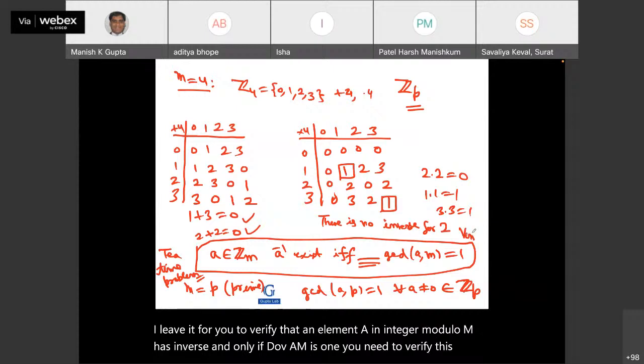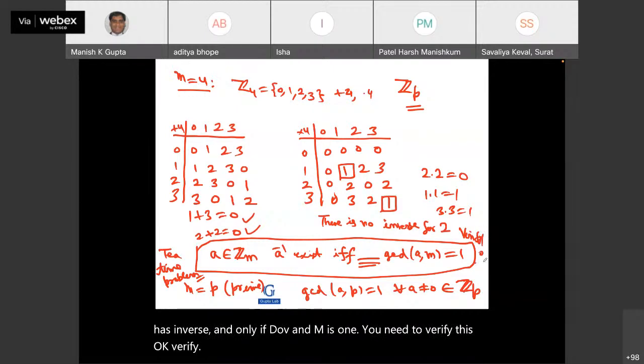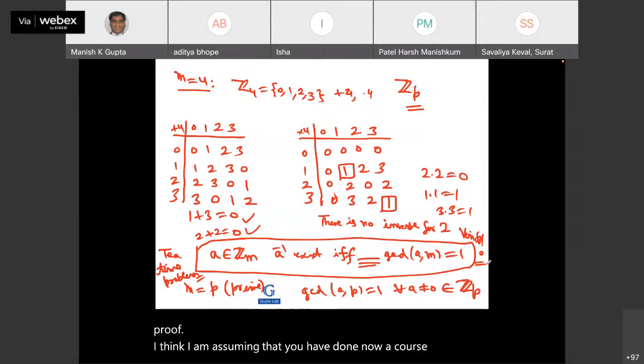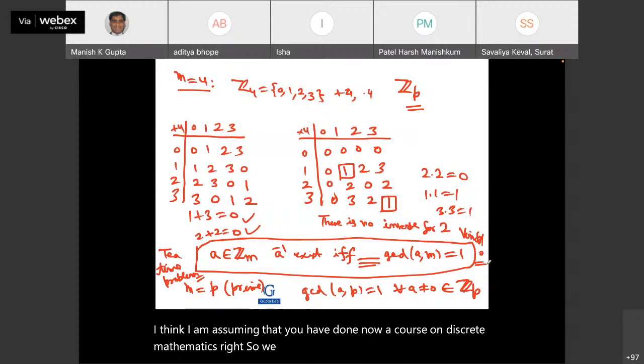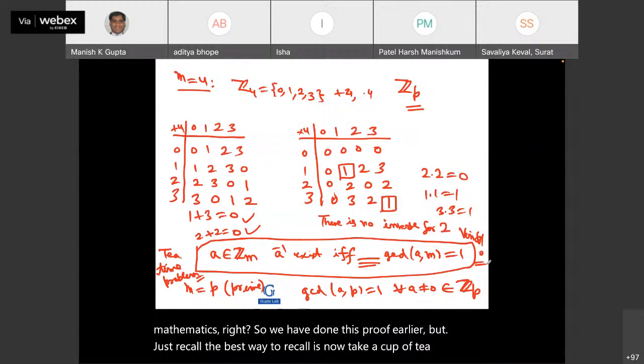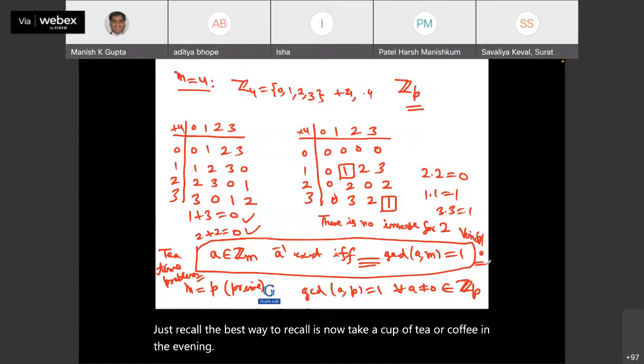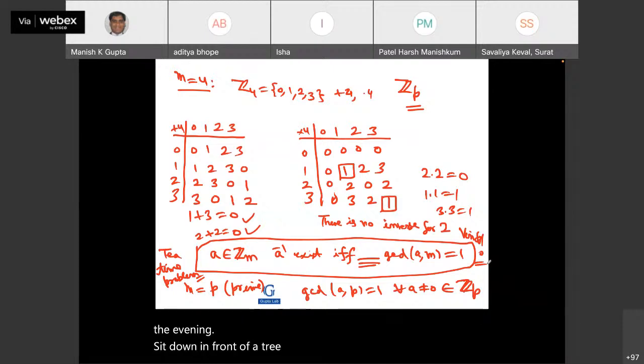How will you verify? I mean, prove it. Try to see if you can find a proof. I am assuming that you have now done a course on discrete mathematics. You know we have done this proof earlier, but just recall. The best way to recall is to take a cup of tea or coffee in the evening, sit down in front of a tree or something, and try to establish this fact.